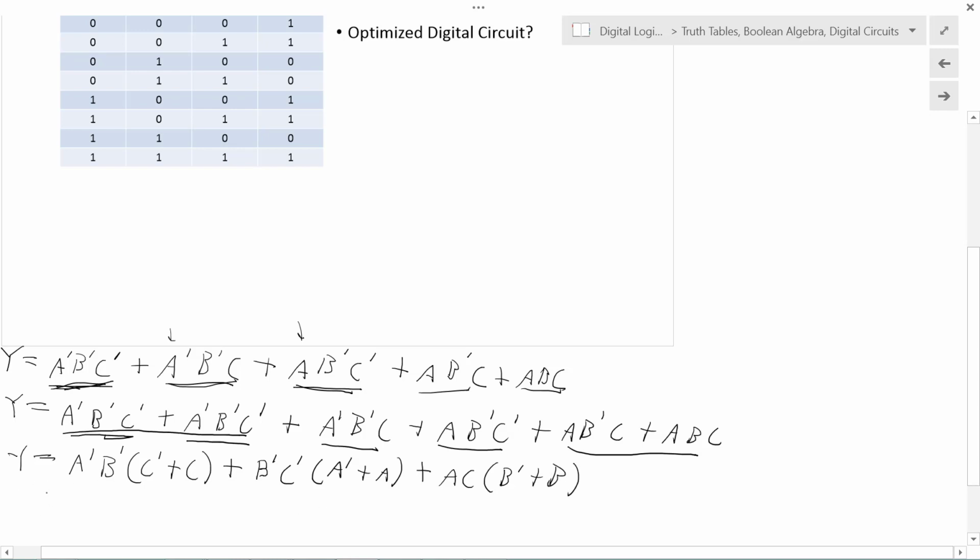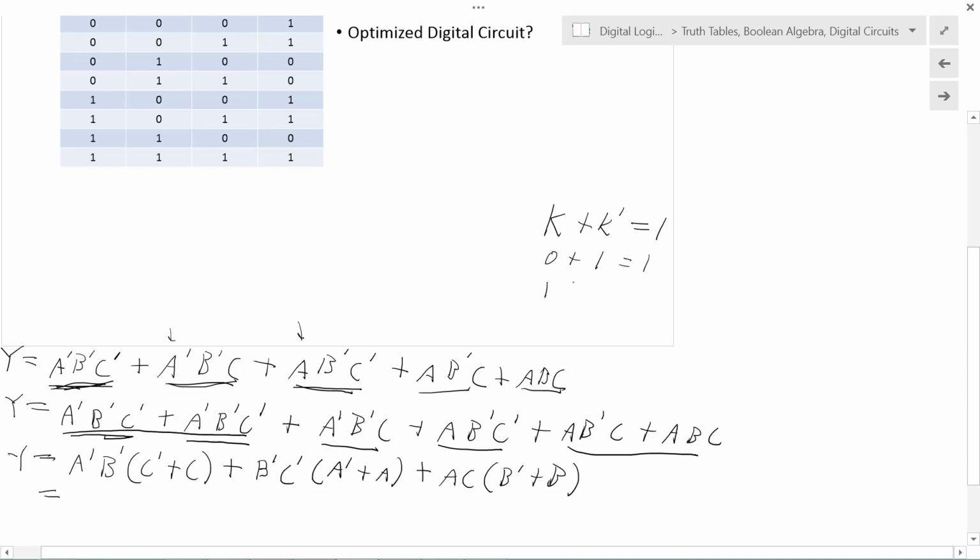Now, very interesting, notice that K ORed with K prime is always equal to 1. If K is equal to 0, then K prime is 1, and that's equal to 1.